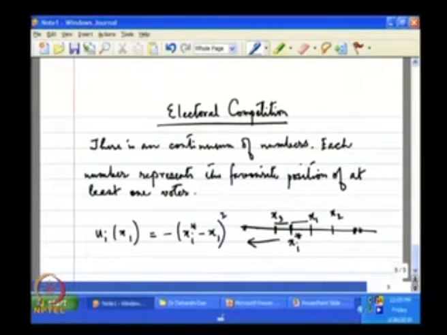So I do not distinguish whether that position is towards my left or towards my right. As long as they are equidistant from my favorite position, my liking or disliking is the same.